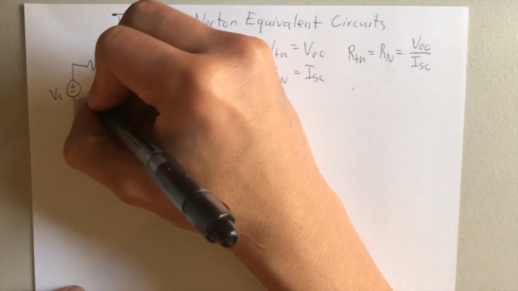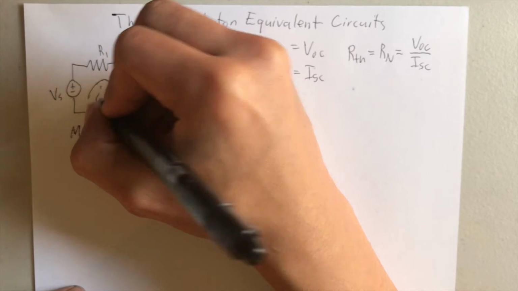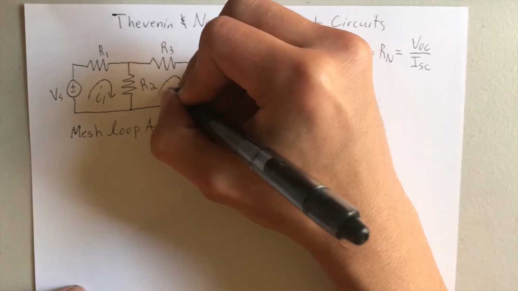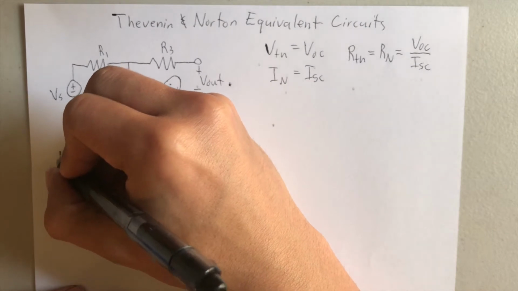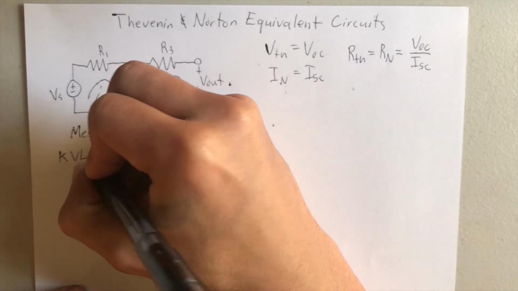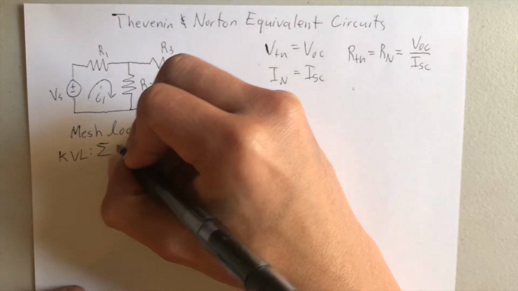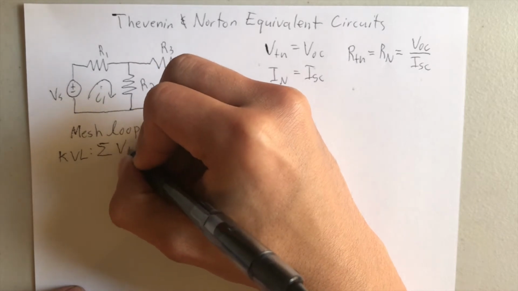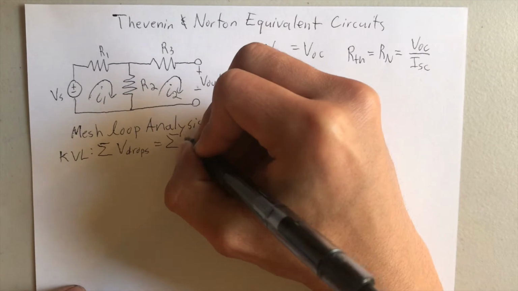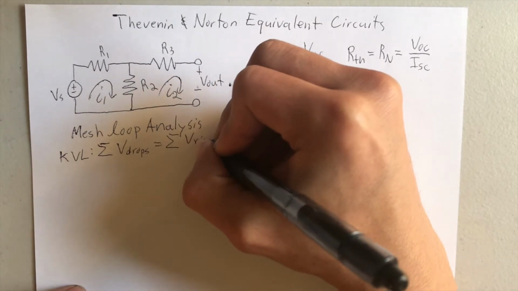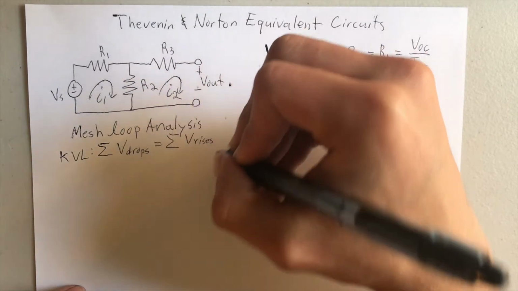We're going to apply KVL around mesh loop 1 and mesh loop 2, and KVL tells us that the sum of the voltage drops equals the sum of the voltage rises around a closed loop.